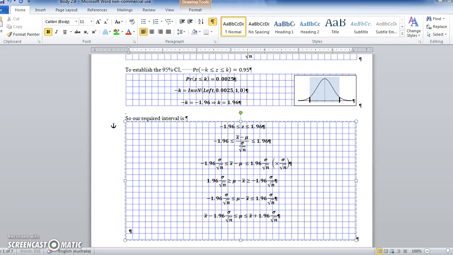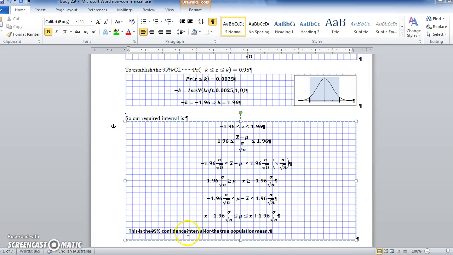And so this is the 95% confidence interval for the true population mean.